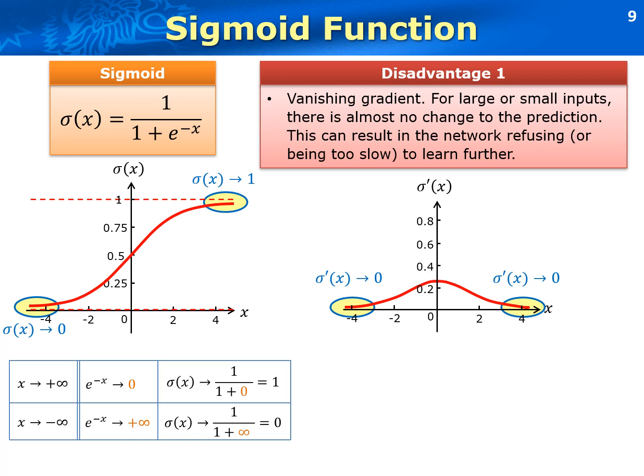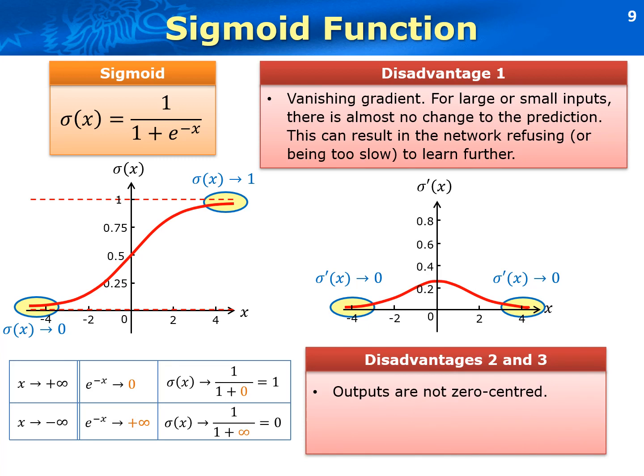The second disadvantage of the sigmoid function is that its output values are not zero-centered. To address this limitation, another nonlinear function called tanh is invented. We will introduce it shortly. The third disadvantage of the sigmoid function is a high computational cost.